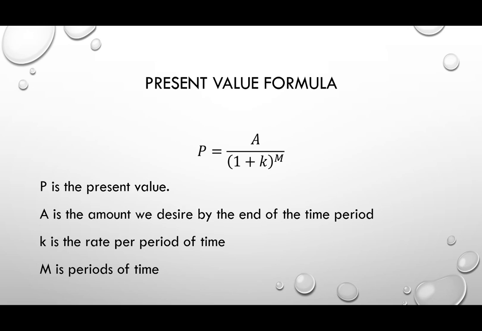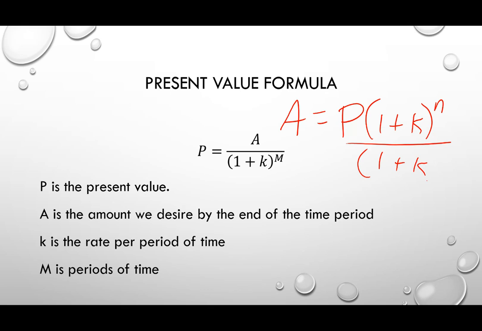The compound interest formula that we had in the previous chapter was your future value, A, equal to P, the principal, which is also kind of referred to as the present value, times 1 plus K to the N power. Now, if we want to know the present value, think of it algebraically.